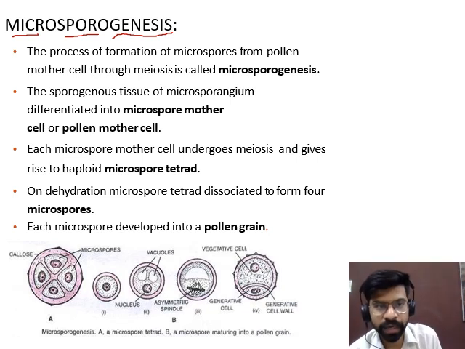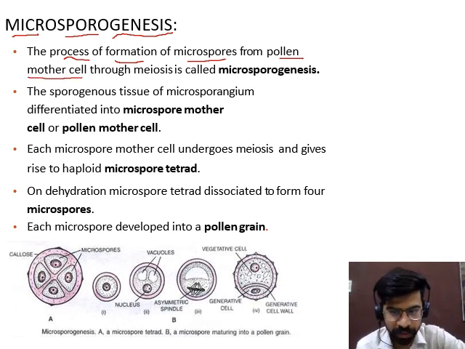The definition of microsporogenesis is the process of formation of microspores from pollen mother cell. Pollen mother cell helps in the formation of microspore. This is known as microsporogenesis.